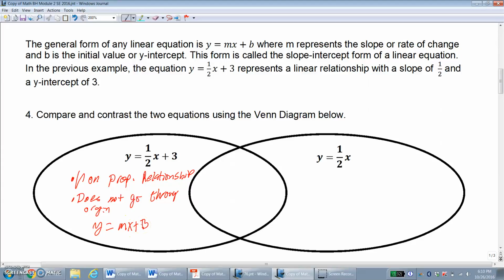Now, y equals 1/2 x with no constant, with no plus b, this is a proportional relationship. And I apologize again for the messy handwriting. The graph does go through the origin.